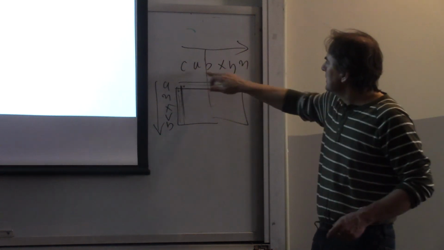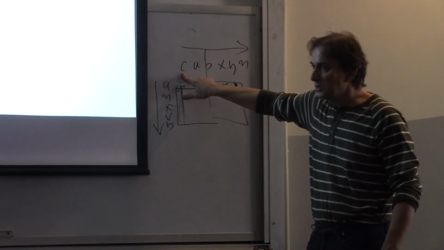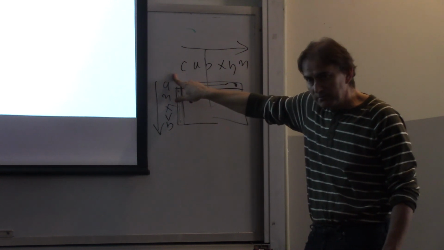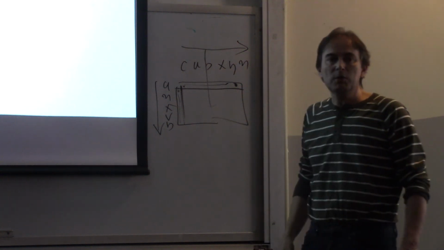This whole string is CABXYN. This string is CA. This string is C. Before the C, the whole string is epsilon. So there's an epsilon before the first character, and we're going to give it a row.